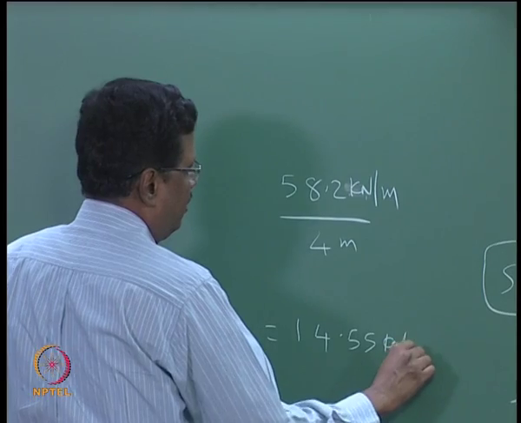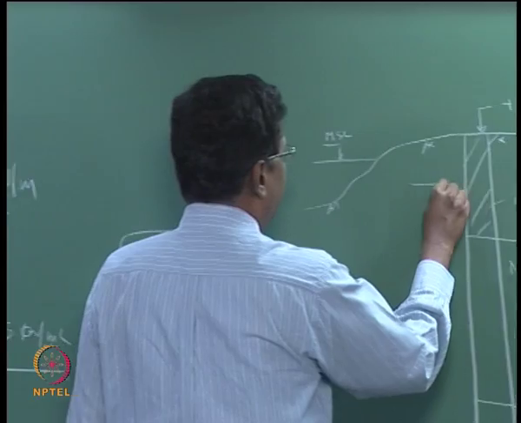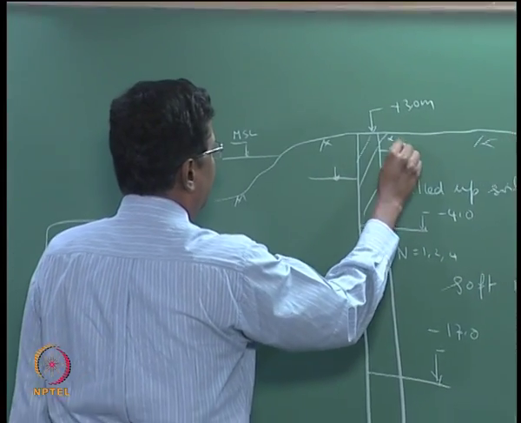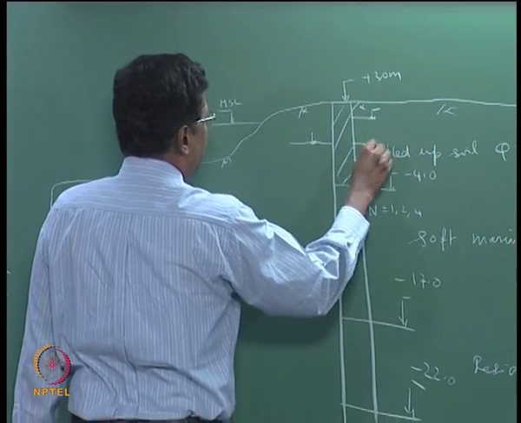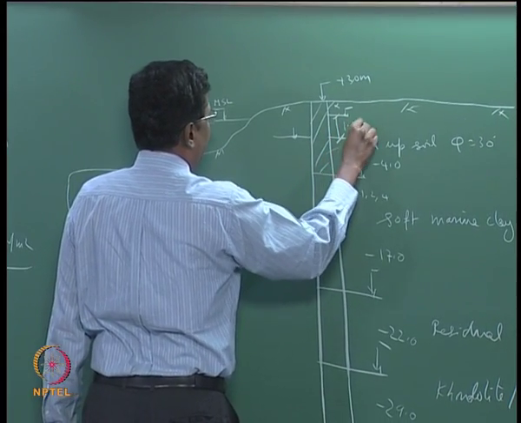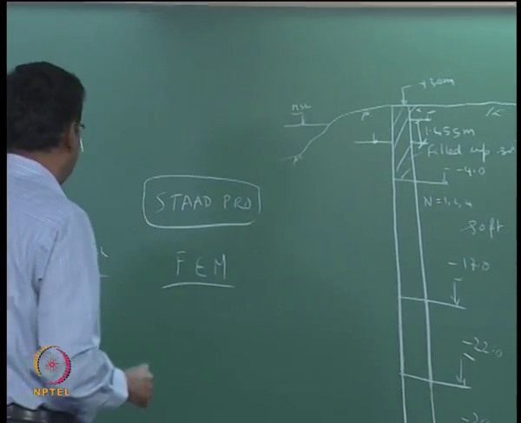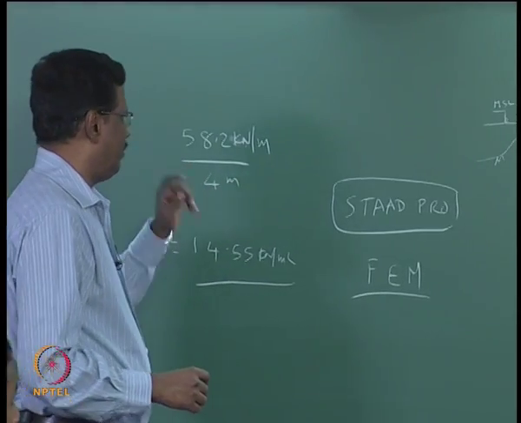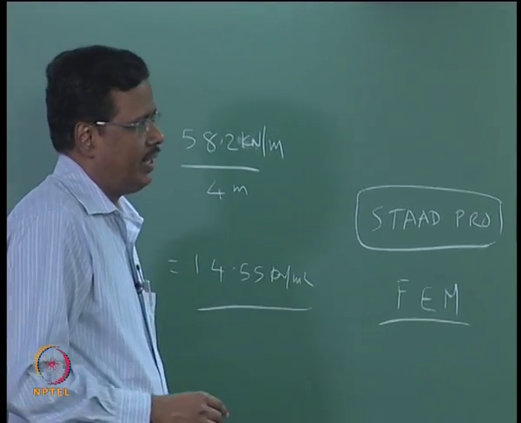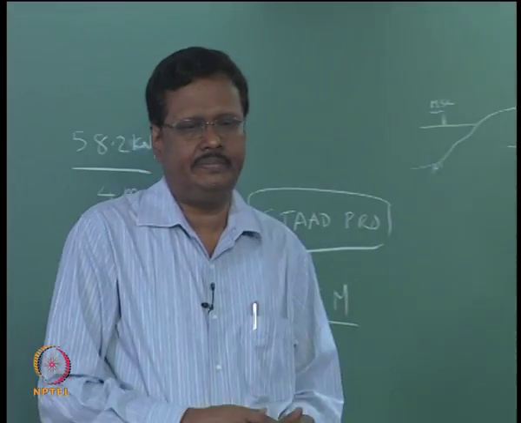What it means is this water level is here and this water level is here, and the difference between these two water levels is about 1.455 meters. I will show the exact calculation for this, and that is acting over the diaphragm wall, but for the 4 meter panel we are considering. So whatever earth pressure and differential water pressure we are calculating, that should be multiplied by 4 meters. Next.